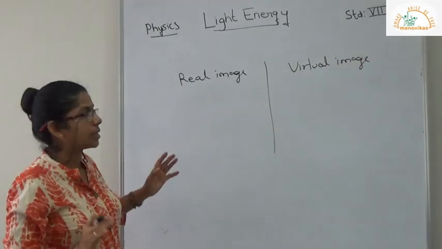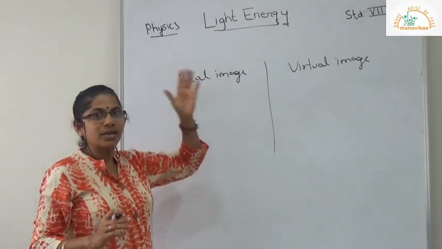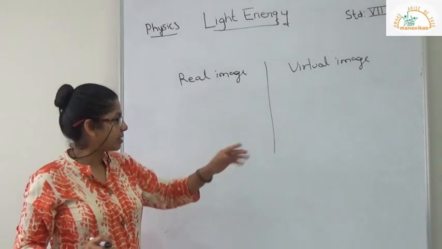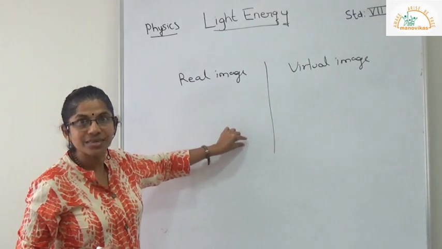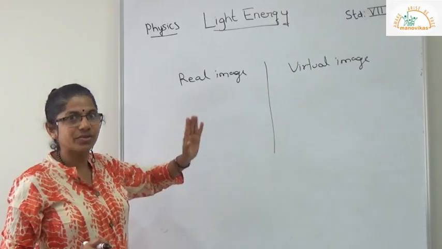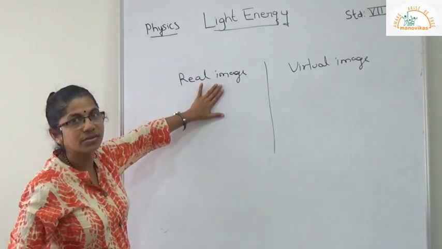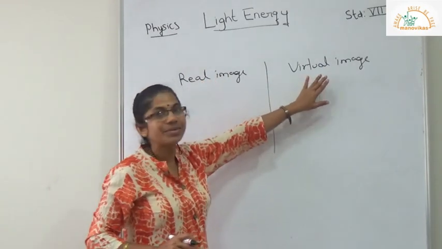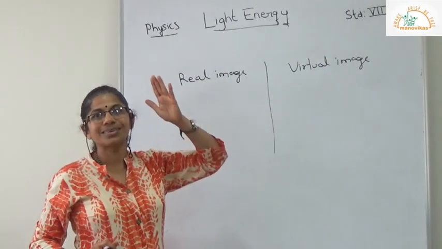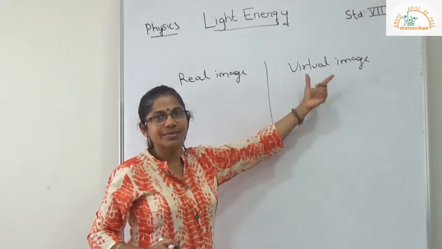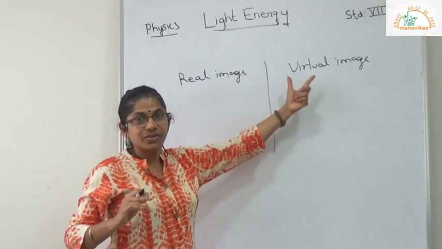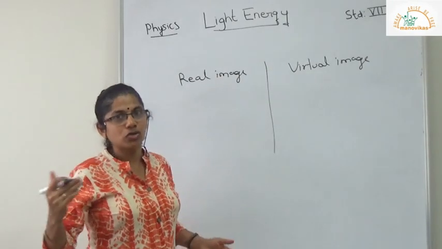How are they different? Real images can be taken on a screen. So when you place a screen, you have to get a sharp image on the screen. So such images are called real images. Whereas virtual images cannot be captured on a screen. Such images are called virtual images. Their images here will be just an illusion.